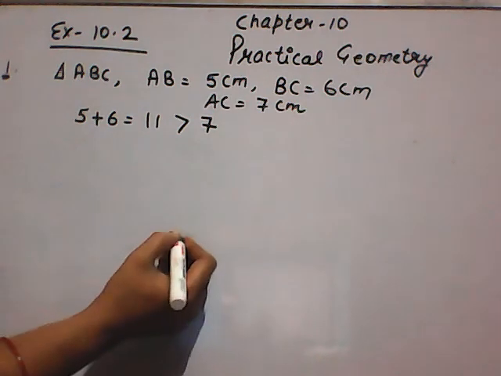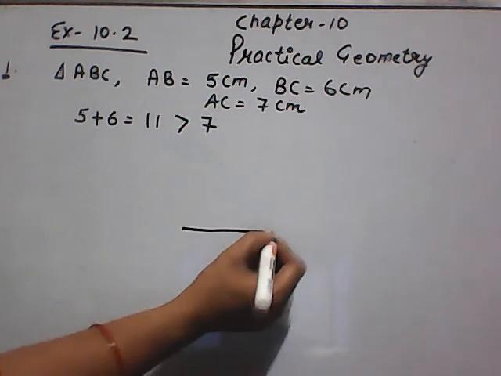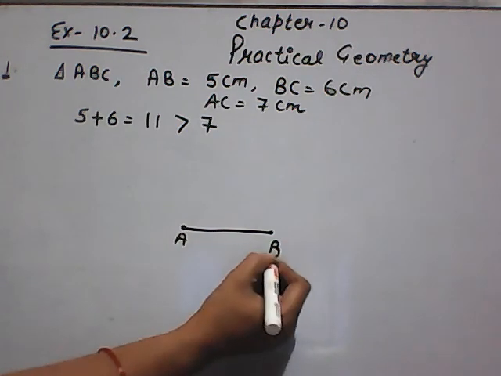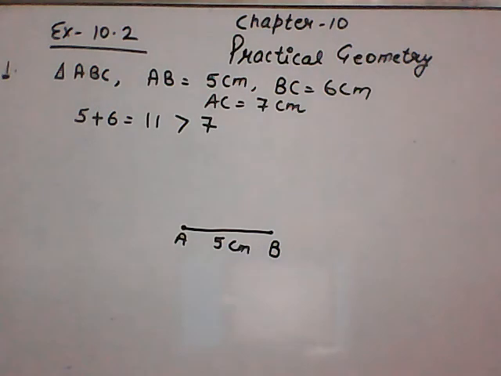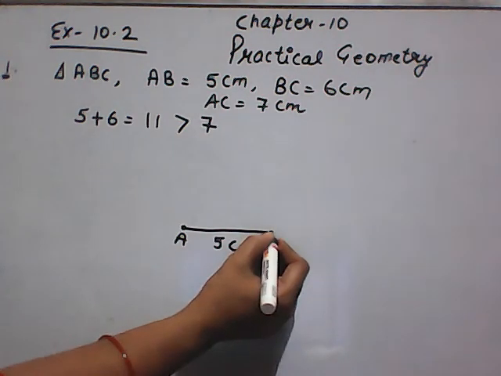Firstly, draw AB equal to 5 centimeter. You can put the ruler with 0 and 5 centimeter and draw a line segment AB of 5 centimeter. Now, here BC is given to you 6 centimeter. So, taking B as center, draw an arc of radius 6 centimeter.